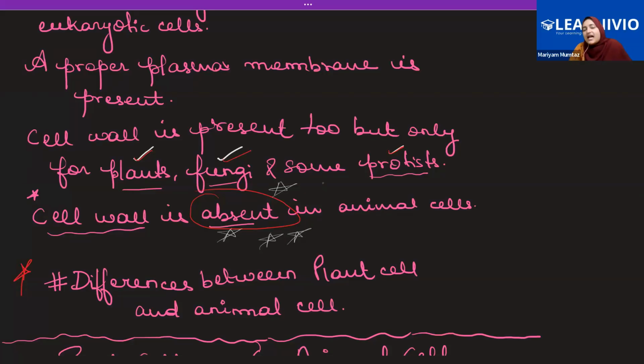So now different organisms have a cell wall of different composition. When we talk about the cell wall of the plants, it is made up of cellulose. The cell wall of fungi is made up of, you people tell me? Ma'am, can you please repeat? The question is, the cell wall of fungi is made up of what?